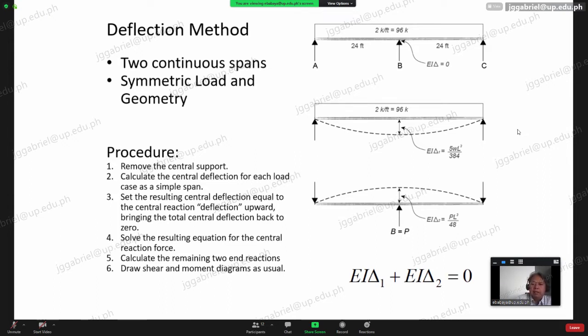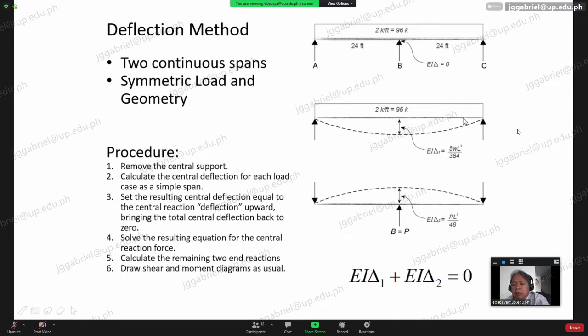Did we get that? So let me illustrate that in a manner that is easy to understand. This is our beam. It has 3 supports. We remove the support at B. What will happen to your beam? It will deflect this way.